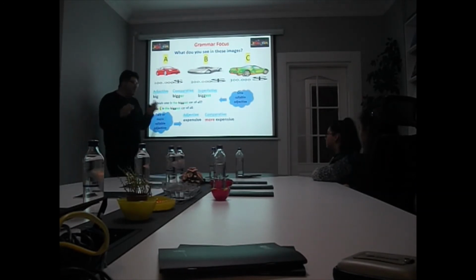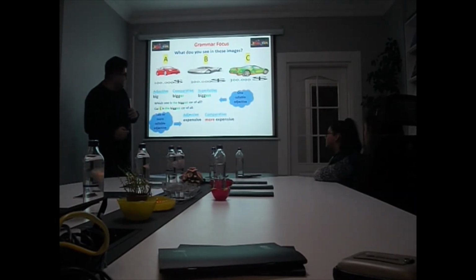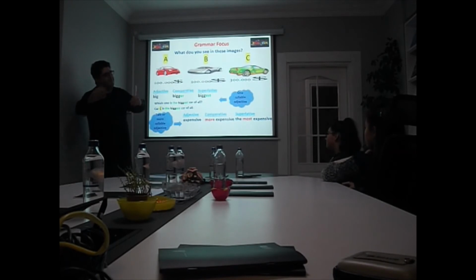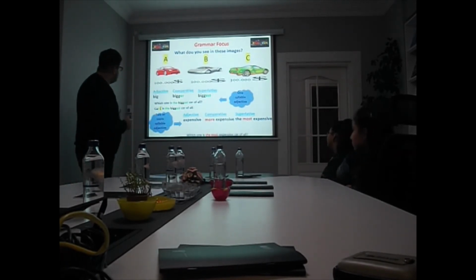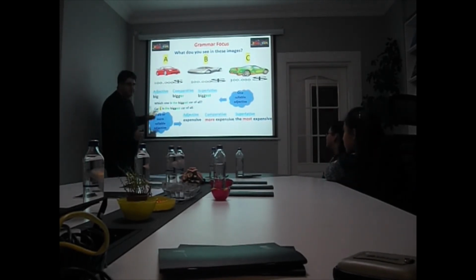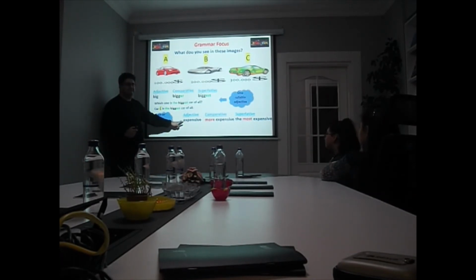We put more. More than. In superlative form, what do we do? Most. The most adjective of all. Okay. Ask the question, please. Who's going to ask the question? By using expensive, we're making a superlative.